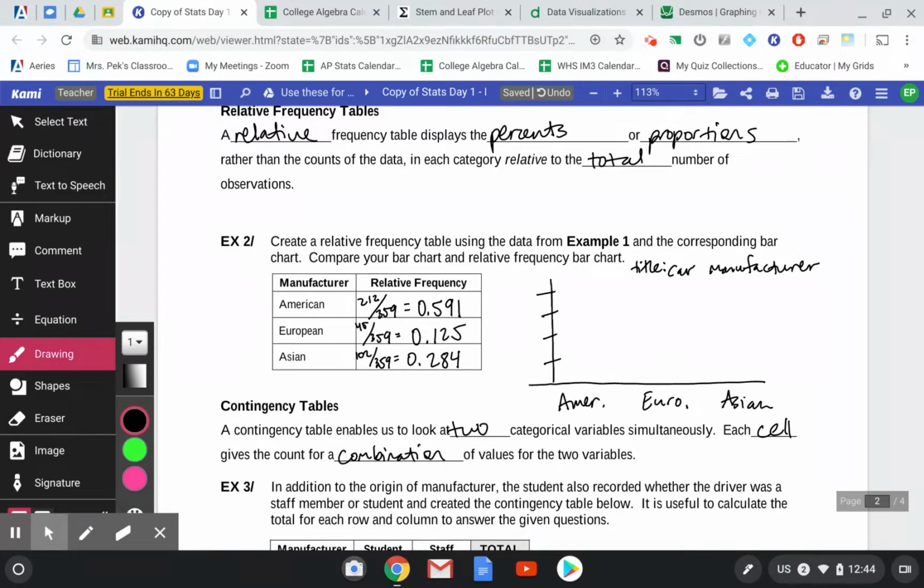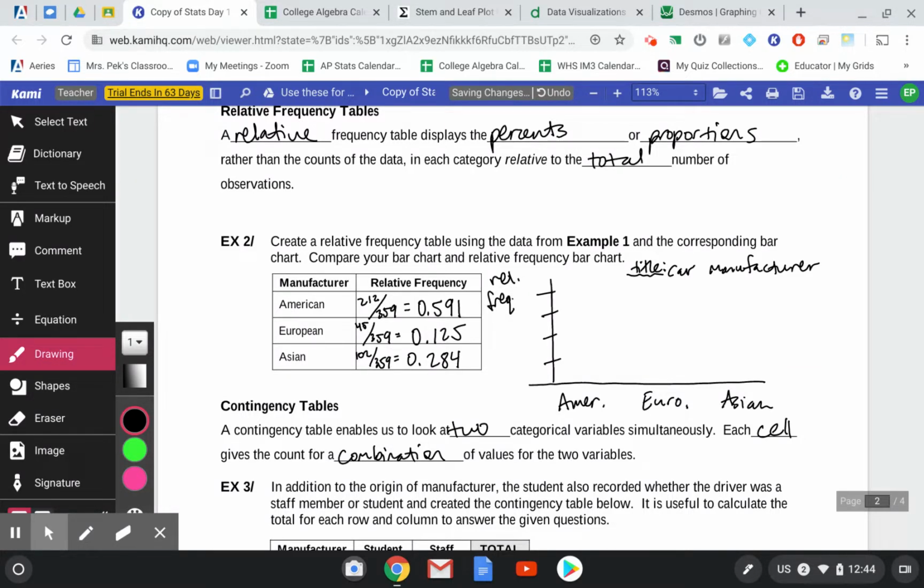Now when we create our chart, again, we want to make sure we title it. Every single time you do a chart, you need to make sure that there's a lot of information on that chart. So if anyone's looking at it, they know the categories, but they also know what those categories represent, which is car manufacturer in this case. And on our vertical axis, we are going to title this relative frequency instead of just frequency.